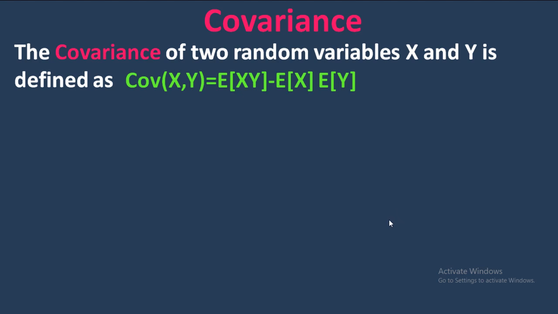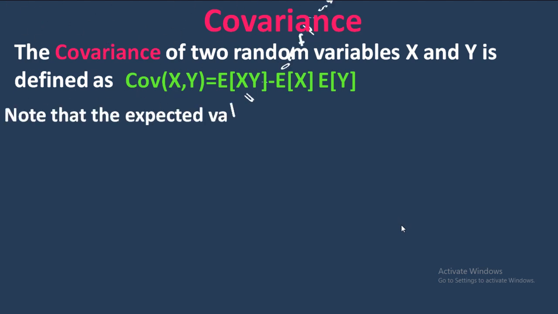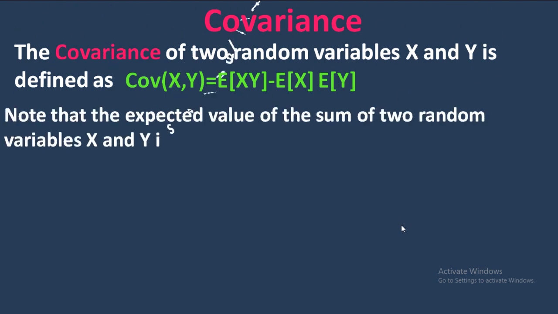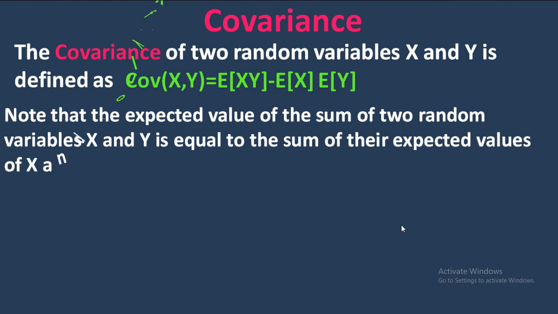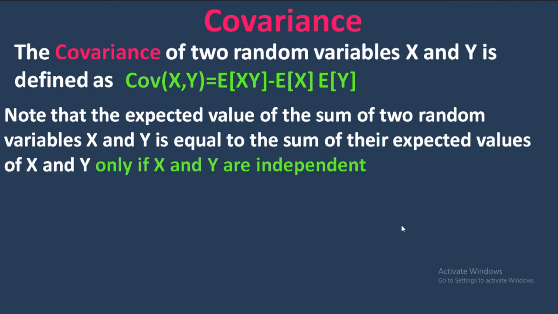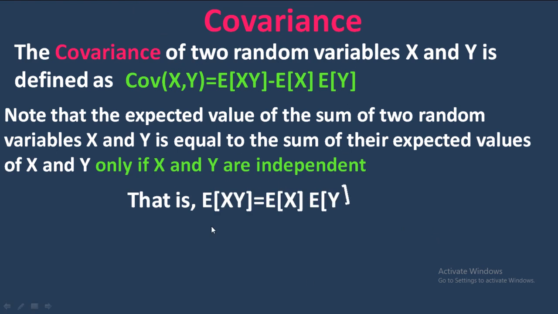My dear viewers, note that the expected value of the product of two random variables x and y is equal to the product of their expected values only if x and y are independent. That is, E of xy is equal to E of x times E of y.